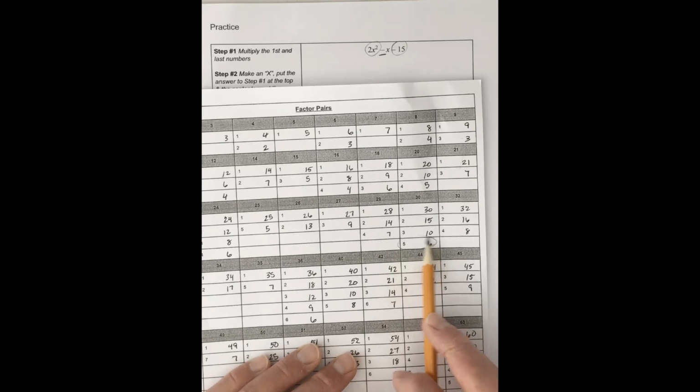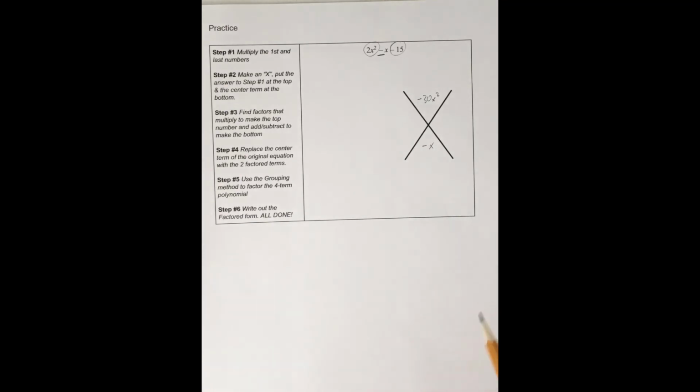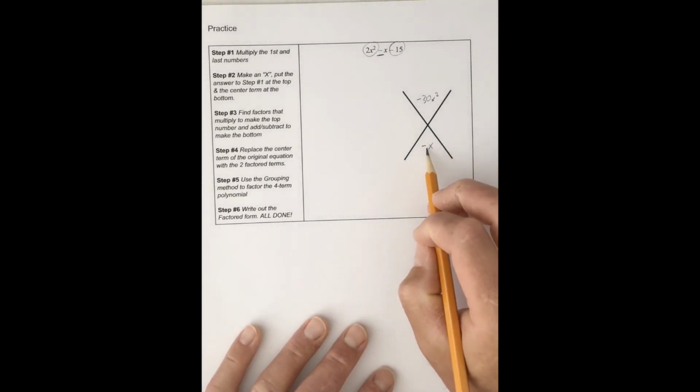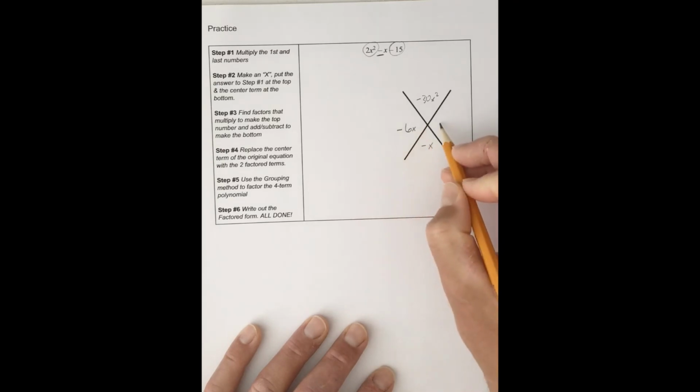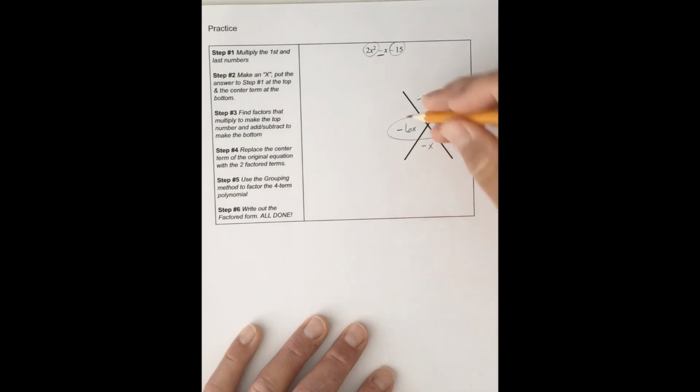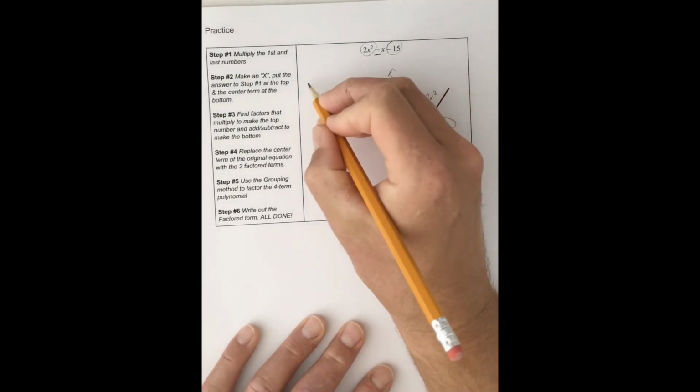I think I just found it. 5 and a 6. Okay. So I'm going to do this, and I notice that 1 is a negative, so the larger number is going to be 6, and then a positive is going to be 5. So there are my factors, and I need to replace that negative x, and I rewrite it.